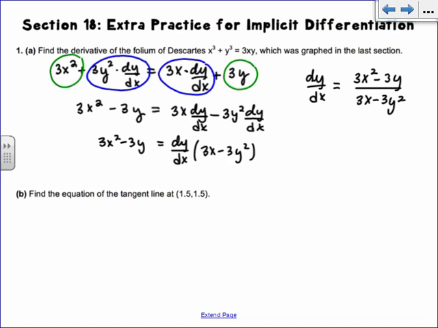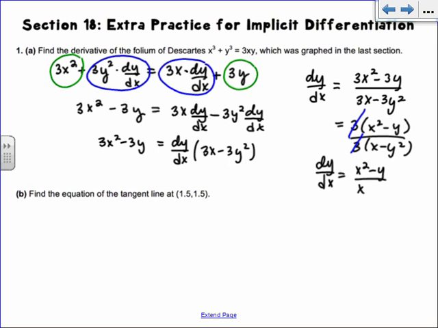So what do you notice that they all have in common? A 3. So basically you pull a 3 to the front for each of them, and then the 3's cancel. Did you guys all catch that on yours? So your final answer is dy over dx equals x squared minus y over x minus y squared. Now some of you might have had a different answer.